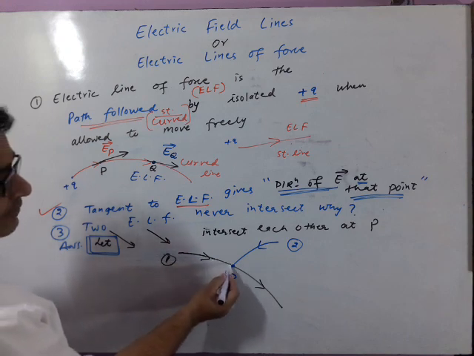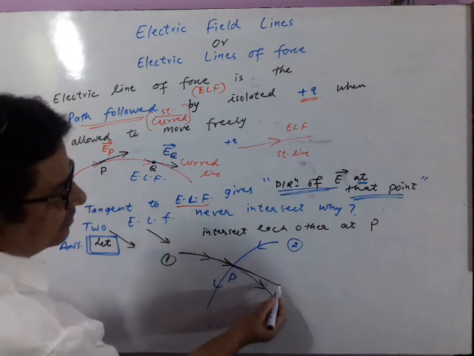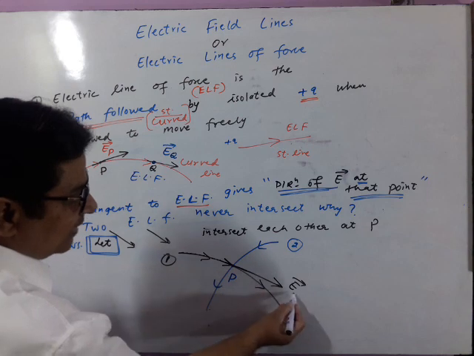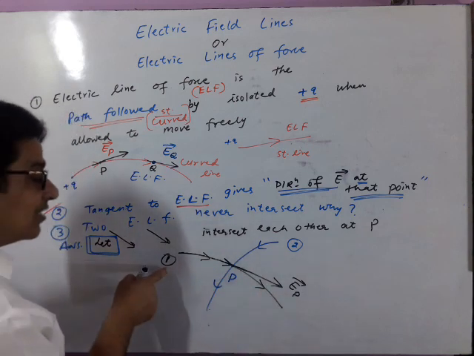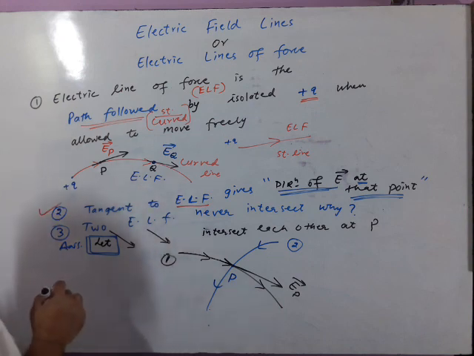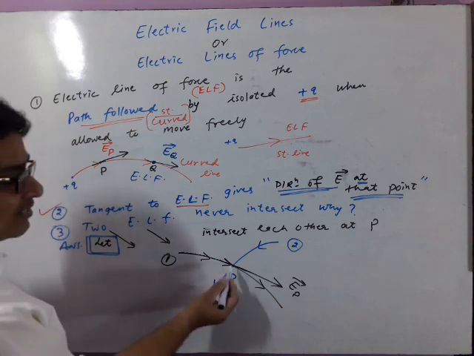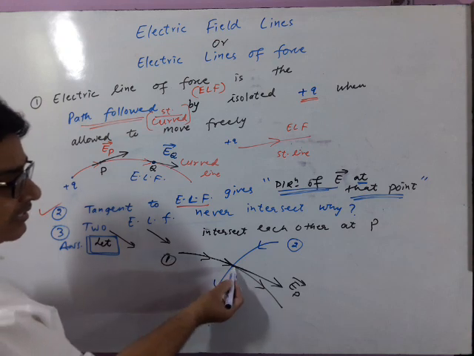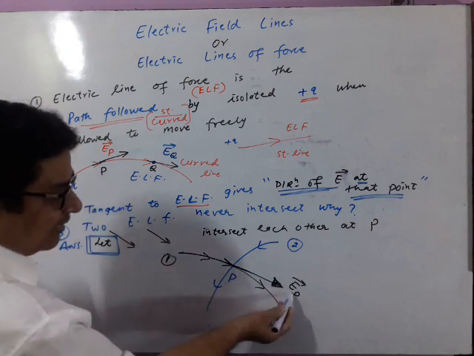The tangent at P is the direction of electric field at point P given by the first electric line of force. I repeat, as per the first electric line of force, when we draw a tangent at P to the first line, it gives the direction of electric field intensity at point P.